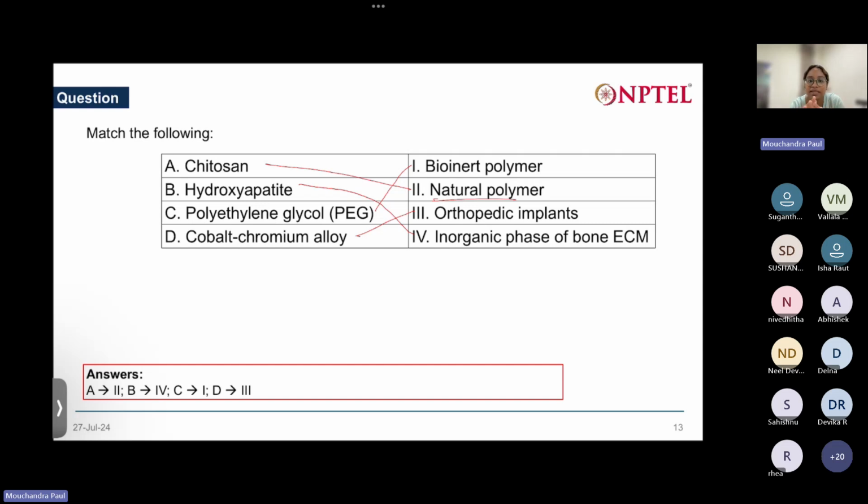Any other example of alloys similar to cobalt chromium alloys that you have read previously or recall from week one lectures? Anyone? Nitinol. Can you repeat?